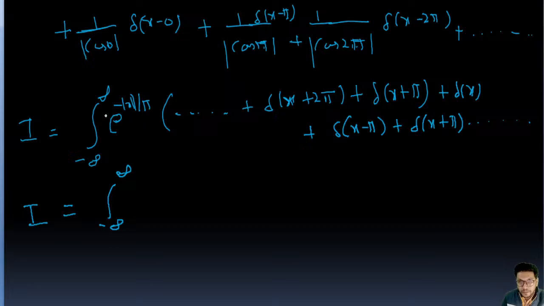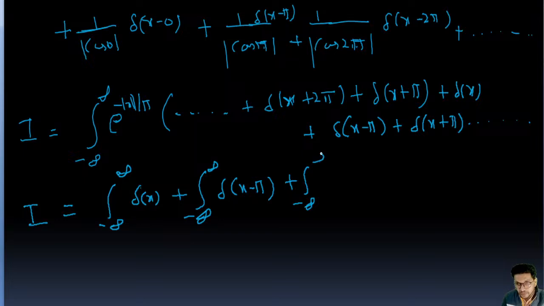If you put this value, it is going to be e to the power minus infinity to plus infinity. First we will write delta x, integral from minus infinity to plus infinity, then delta x minus pi, plus the integral from minus infinity to plus infinity of delta x plus pi. Okay, we'll write in this order.